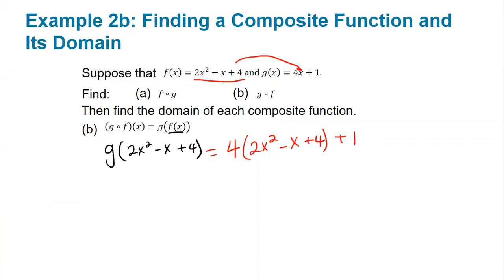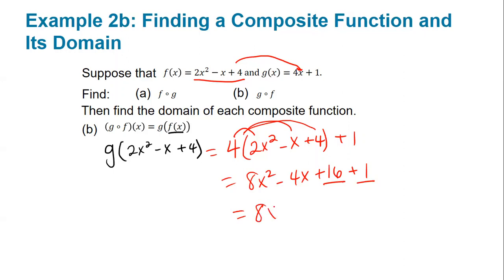I'm going to distribute 4, and that gives me 8x squared minus 4x plus 16 plus 1. My only like terms are 16 and 1. So we have 8x squared minus 4x plus 17.